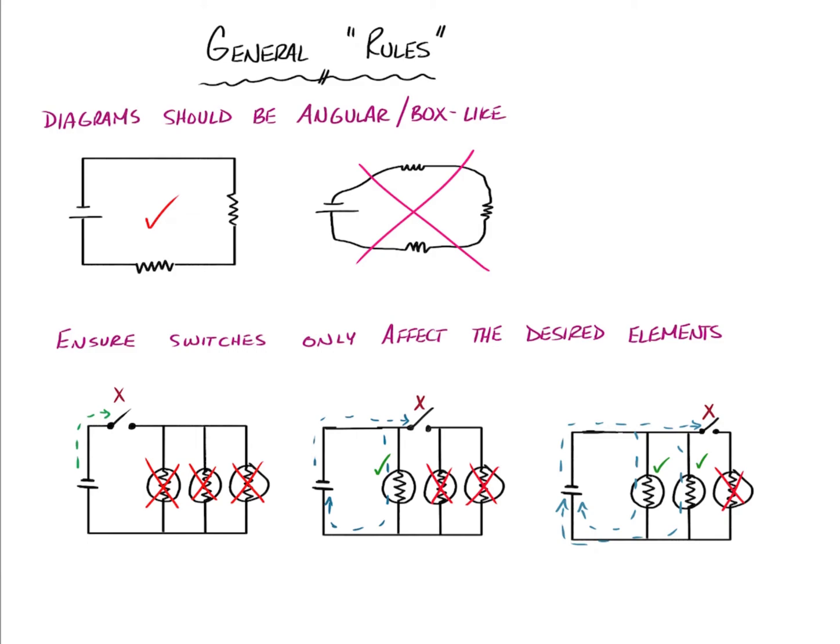So we have to be very, very careful with these switches. As we move into more complicated diagrams, you will have specific requirements, such as 1 switch that controls 2 light bulbs, or 1 switch that controls only 1 light bulb. And you always need to be very careful, because if you place the switch in the wrong spot, you might shut down the entire circuit or portions of the circuit that you did not intend to shut down.